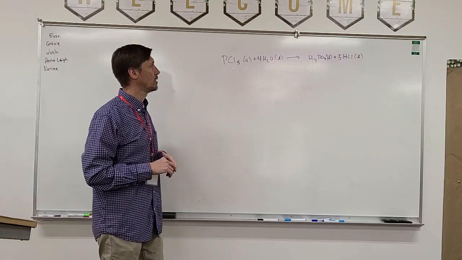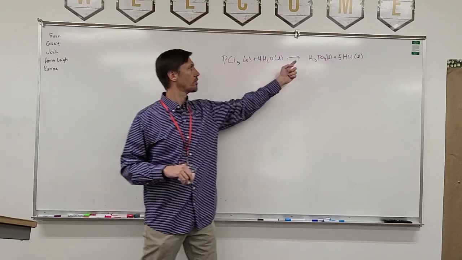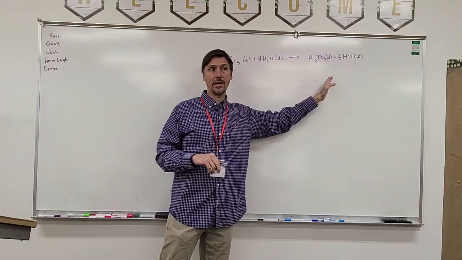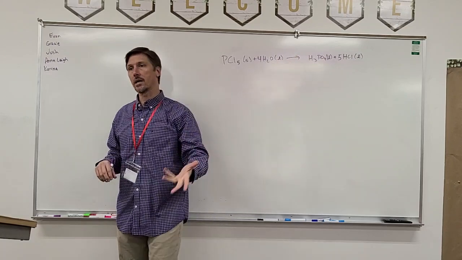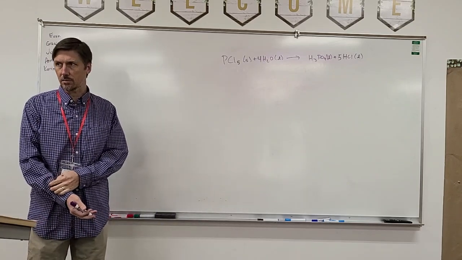In fact, probably what would have happened if we'd started with the H's is we would have gotten bigger numbers in the front here. And if you get bigger numbers all the way in the front and they can all be divided by a common factor, then you want to divide through by that common factor and make them as small as possible. Okay?